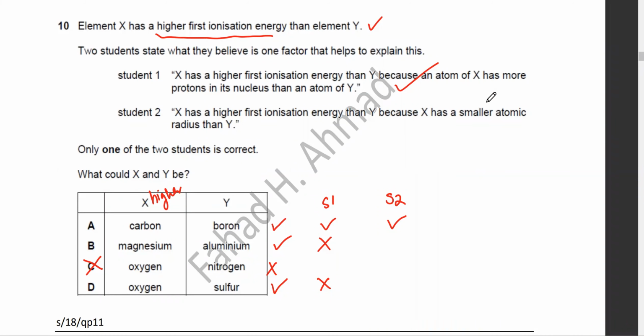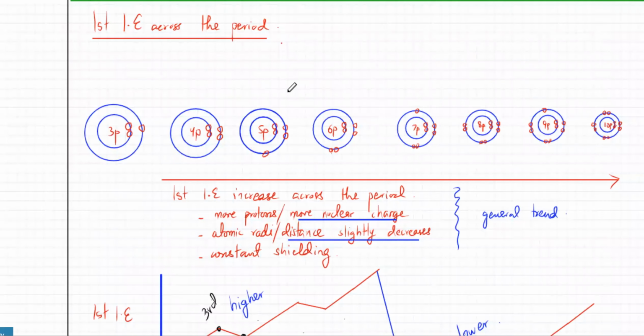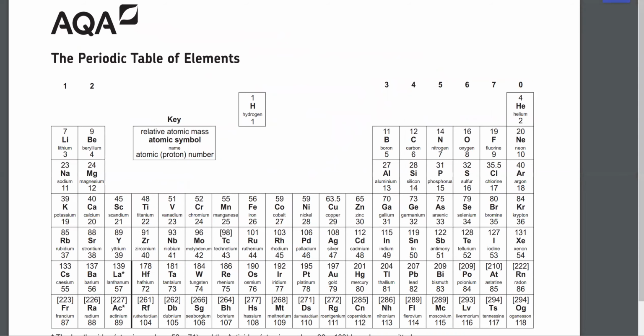Then is student 2 correct about magnesium? Why is magnesium having a higher ionization energy compared to aluminium? Is that because of protons? No, sorry, the radius? Radius is not going to be a factor because aluminium actually has the smaller radius when you move across the period.